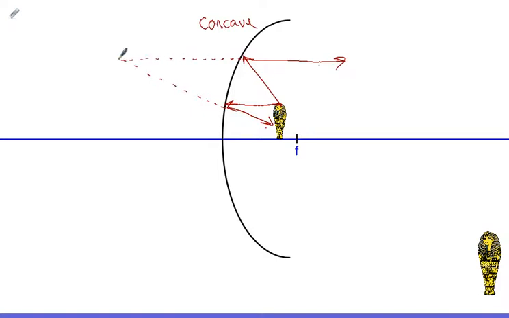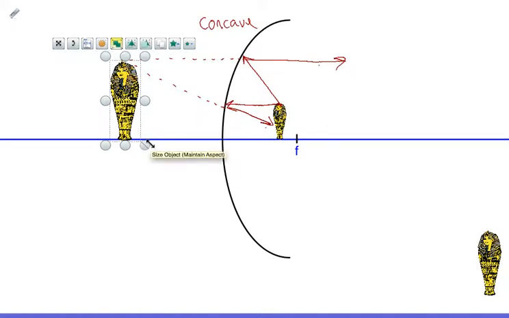Because those 2 rays of light reconverge behind the mirror, I'm going to make an image of that behind the mirror. It would be flipped around the other way, so just ignore that it's going the same direction. So again, this is a virtual image because they virtually come together.